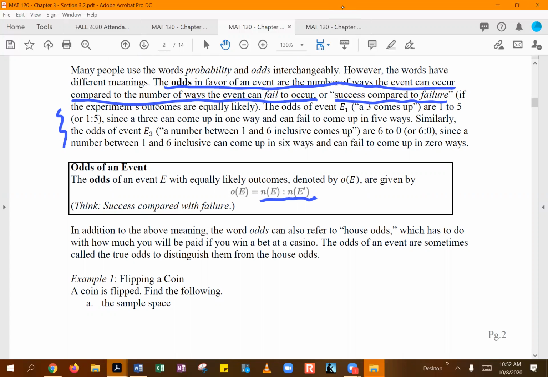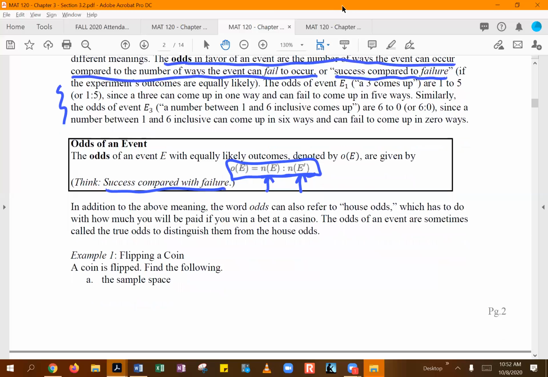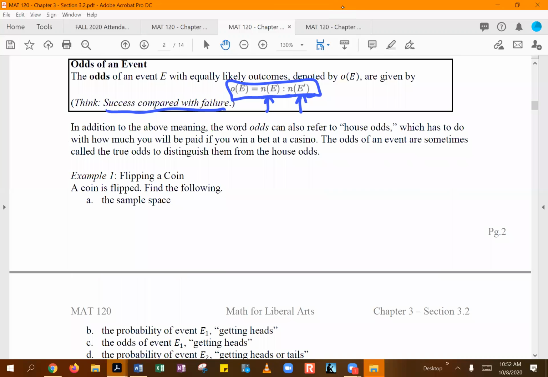That you can see is E complement. So again, the way you calculate the odds is success compared to failure: however many outcomes you have in the event itself compared to how many outcomes you have in the sample space that are not in the event. So compare success to failure.